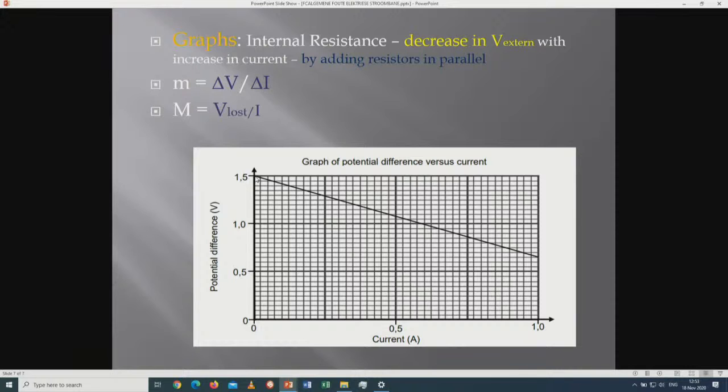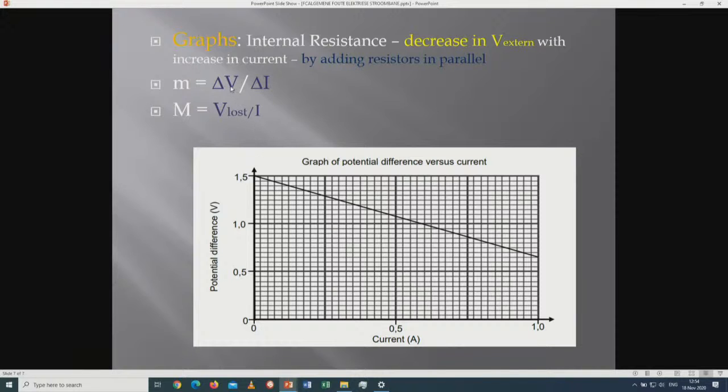So now in this graph, you must realize that, say for instance, at a current value of 1 ampere, you can derive this value of 0,65. Now you realize when the current is 1 ampere, you have a drop from 1,5 to 0,65.